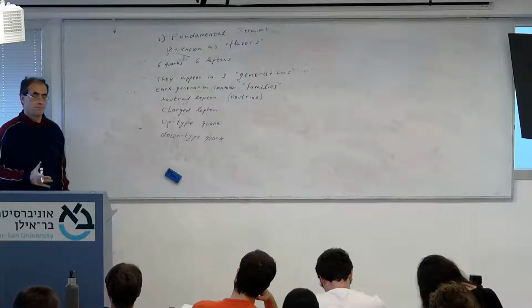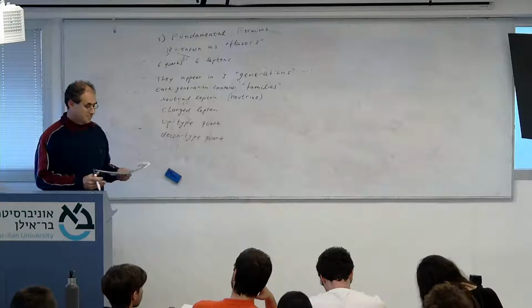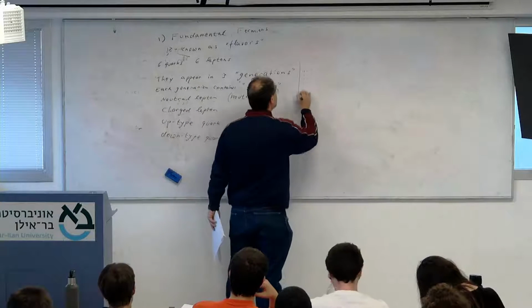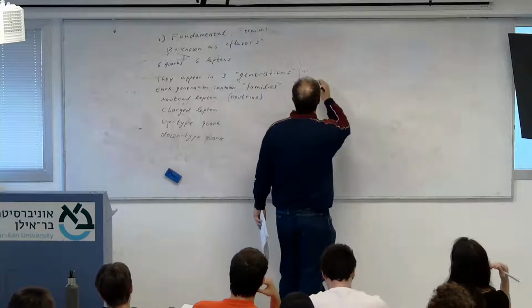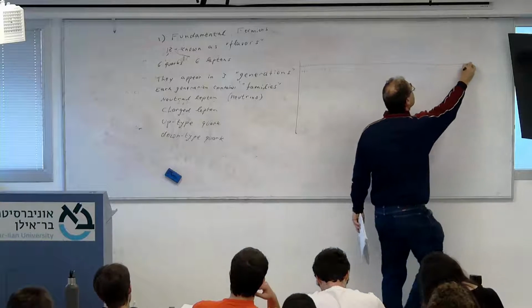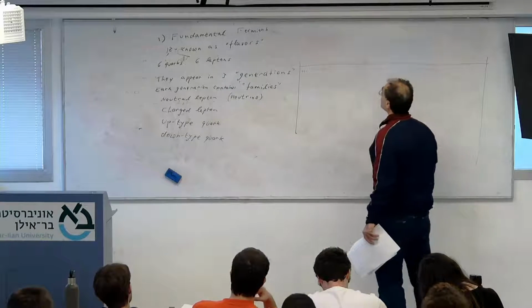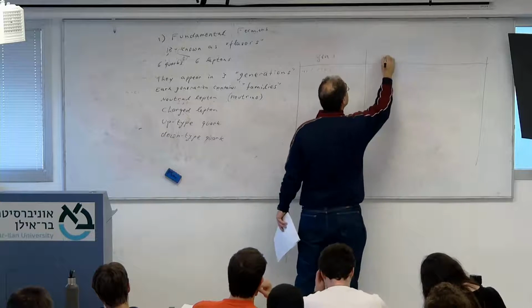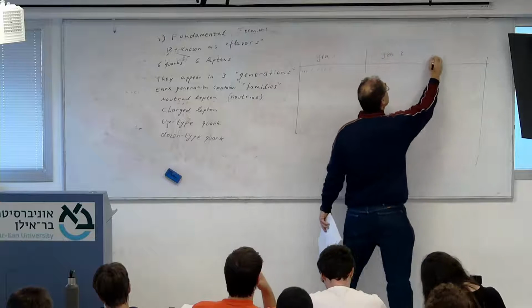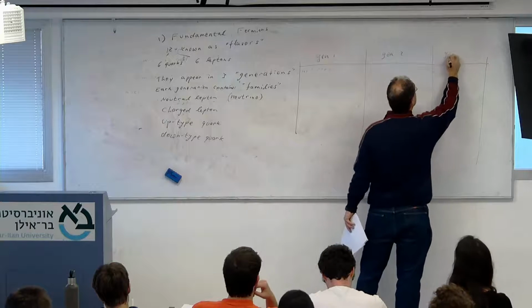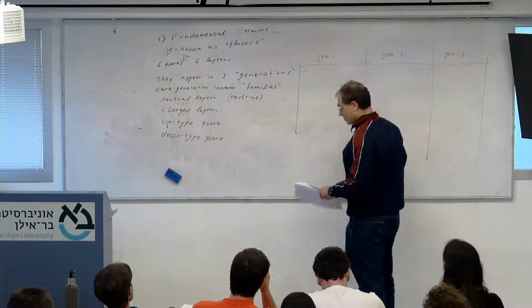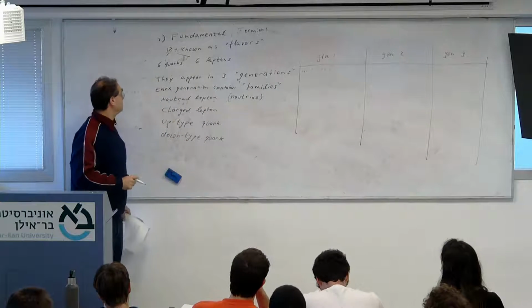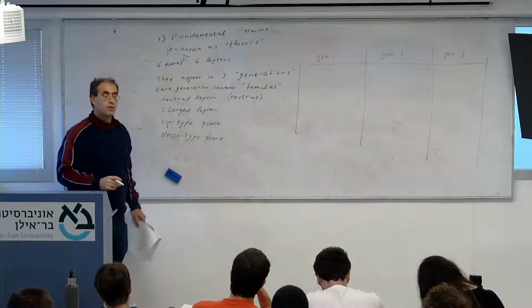So let's make a table here: generation 1, generation 2, and generation 3. What would be the neutral lepton of generation 1?